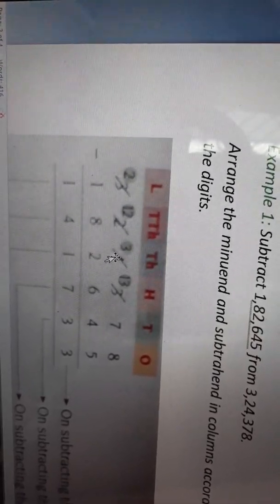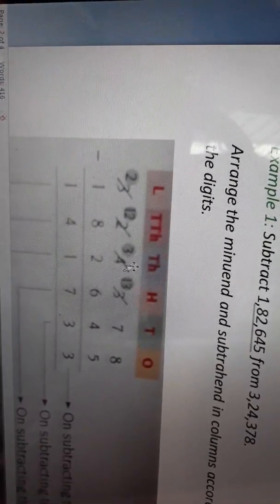Now, before borrowing, the number in the 1000 place was 4, but we have already taken 1000, so it is no longer 4000, it is 3000. So 4000 minus 1000 means 3000. So now the number here is 3. So 3000 minus 2000 means 1000.